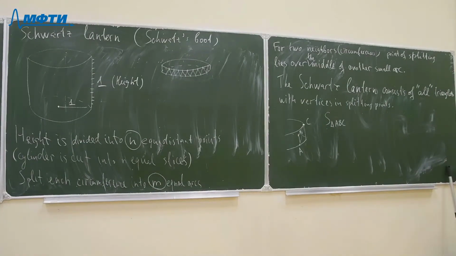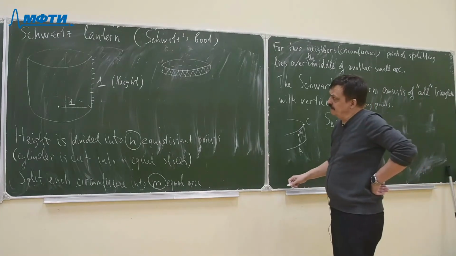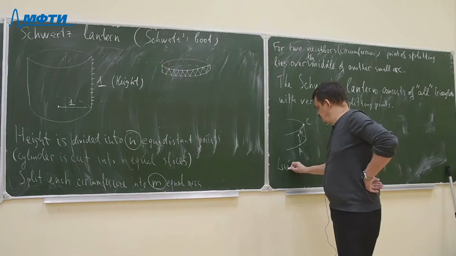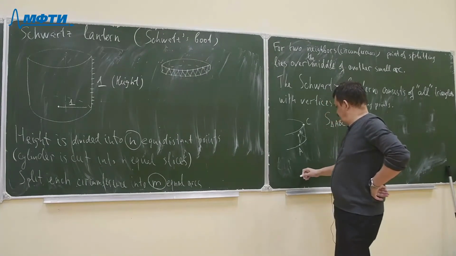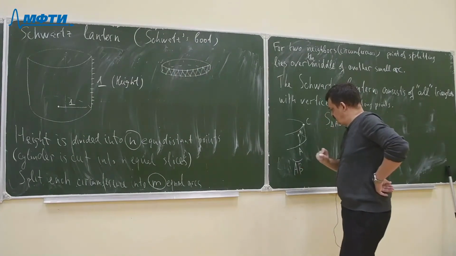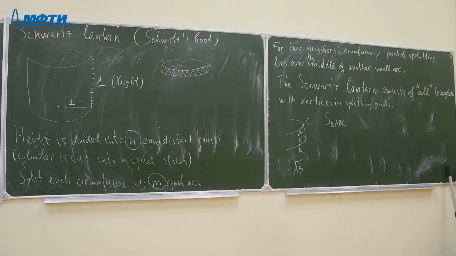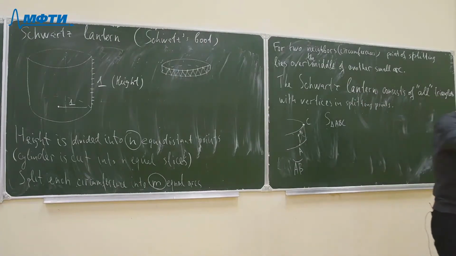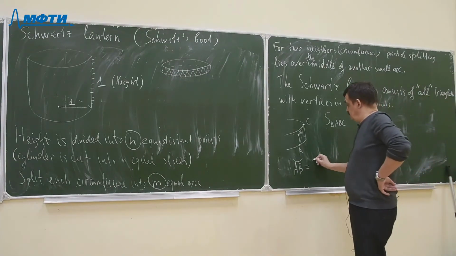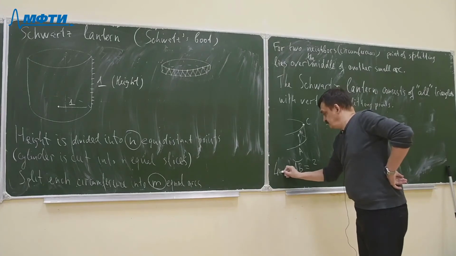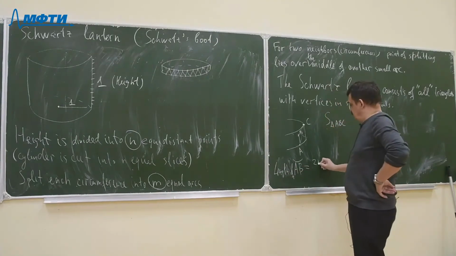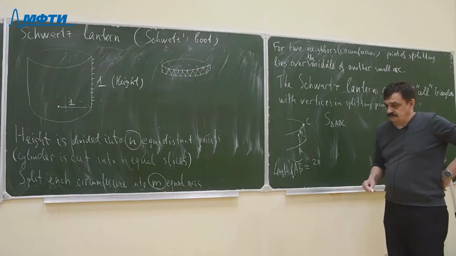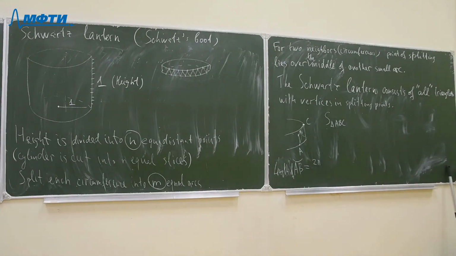So, the length of arc AB, right? What about arc AB? The total length of the circumference is 2 pi, since the radius is 1.